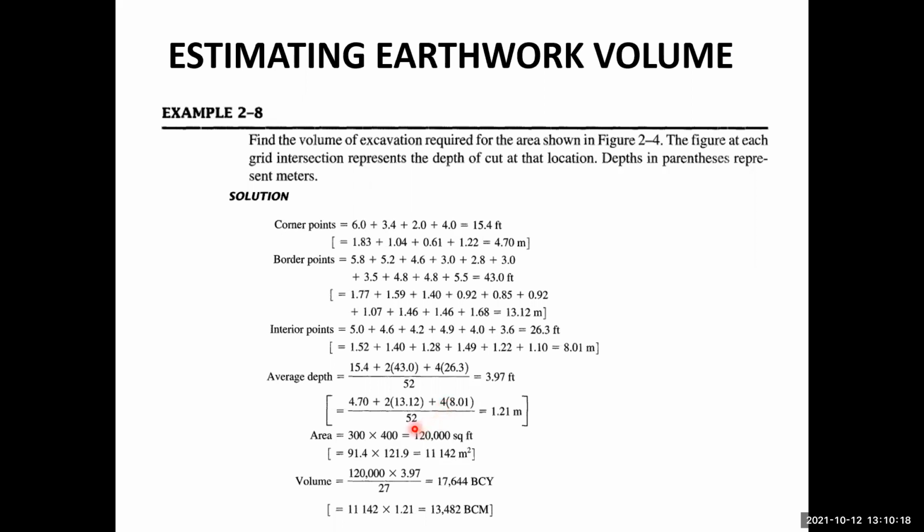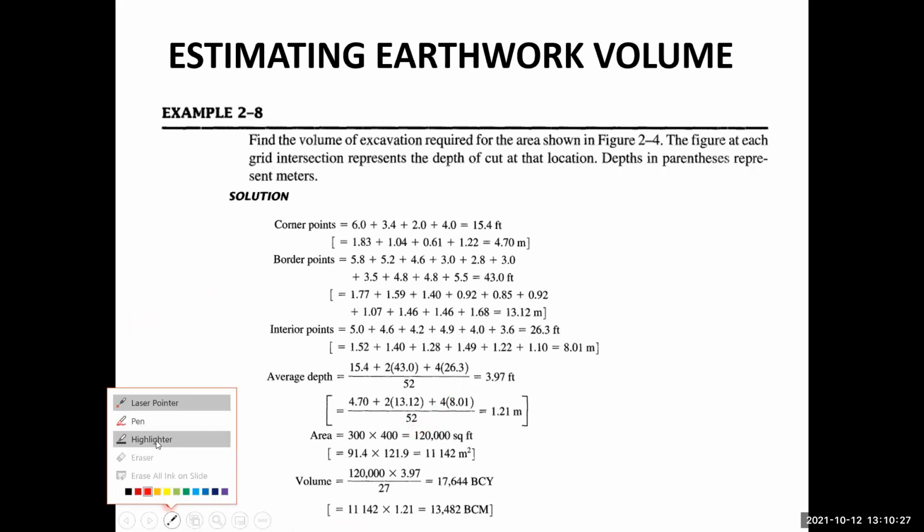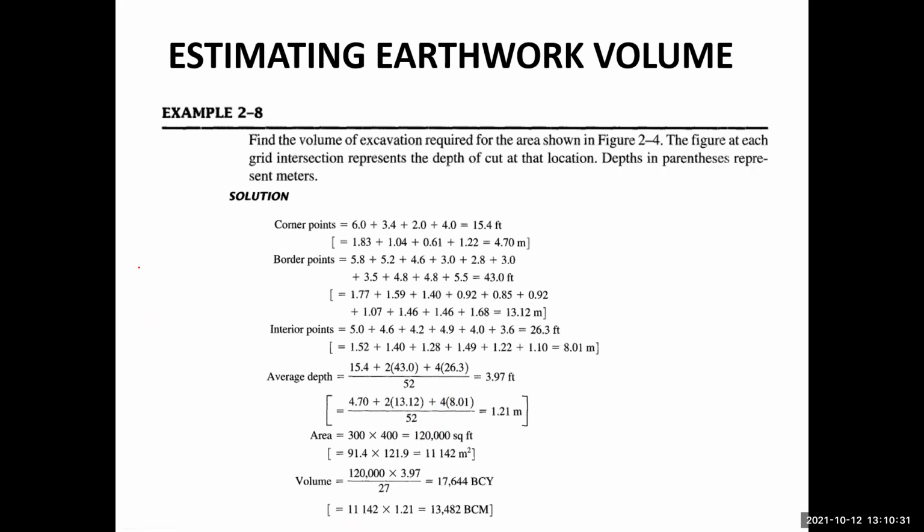So what is the sum of the weights? There were 4 corner points, multiplied by 1, that is 4. 10 border points, multiplied by 2, that is 20.